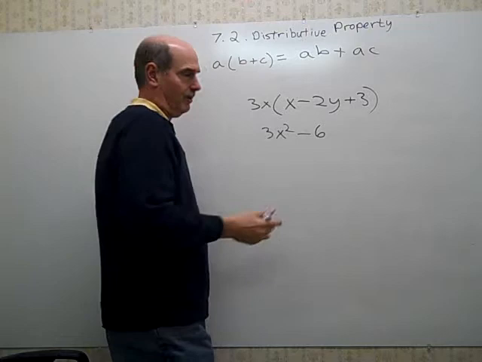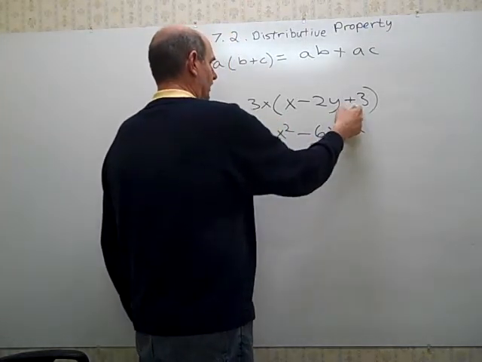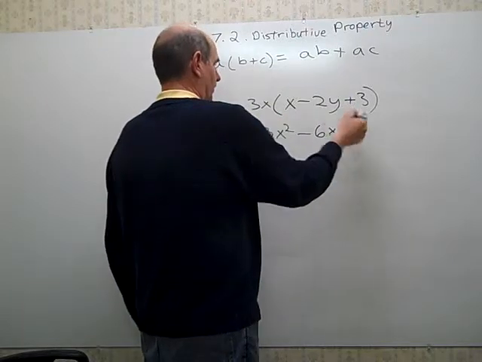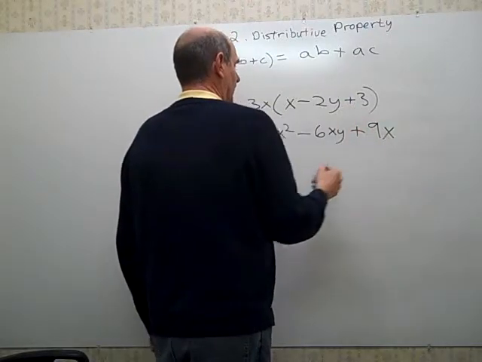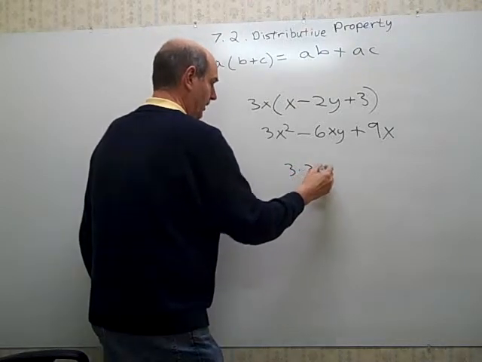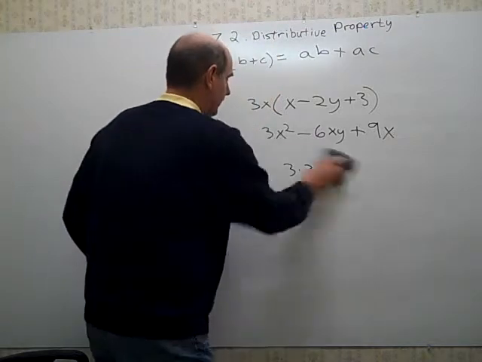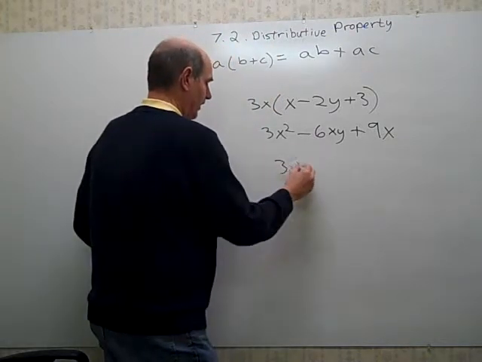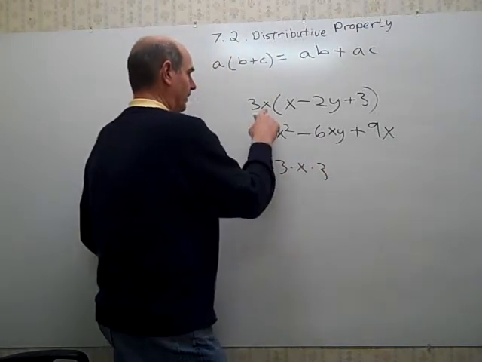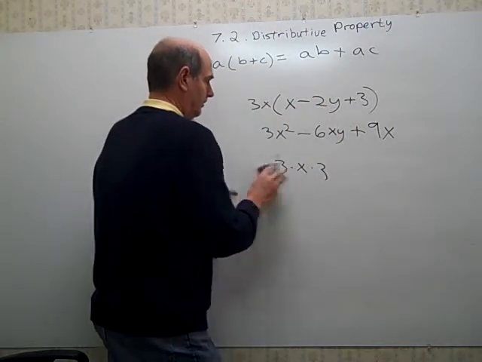We represent x times y as xy, plus 3x times 3, and 3 times 3 gives us 9x. Just another way to look at that is it's 3 times x times 3, this times this, which would be 9x.